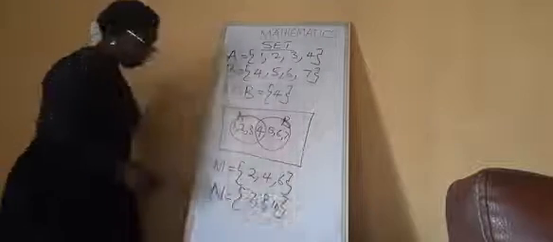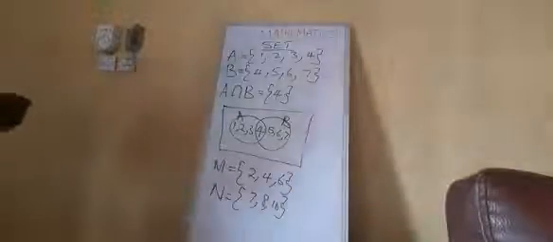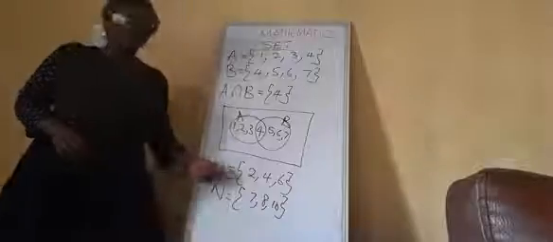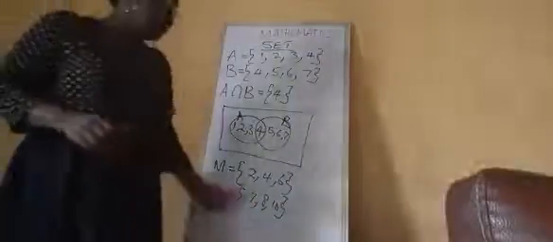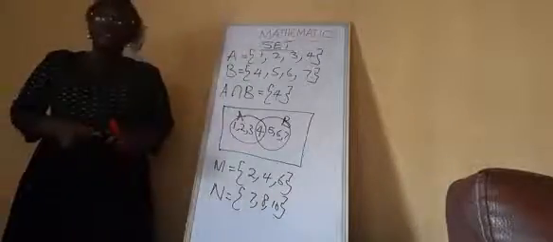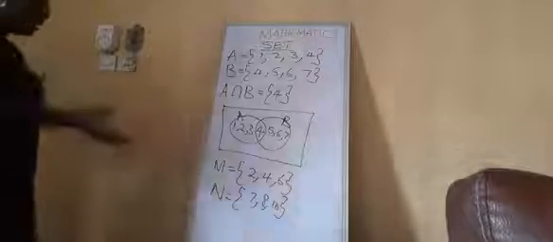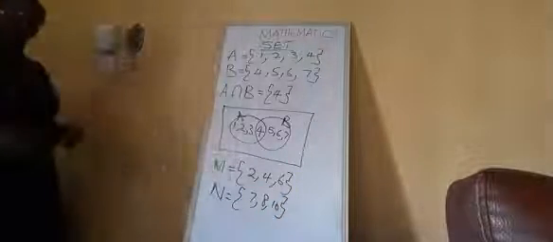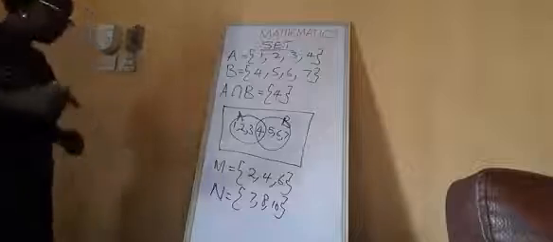Now let me ask you, is there any relationship between the first one and the second one? Don't forget that the elements in M are 2, 4, 6, and the elements in N are 7, 8, 10. Is there any relationship between them? No. So since there's no relationship between them, the center is empty set.